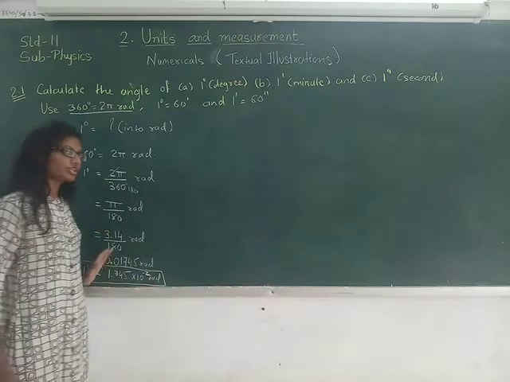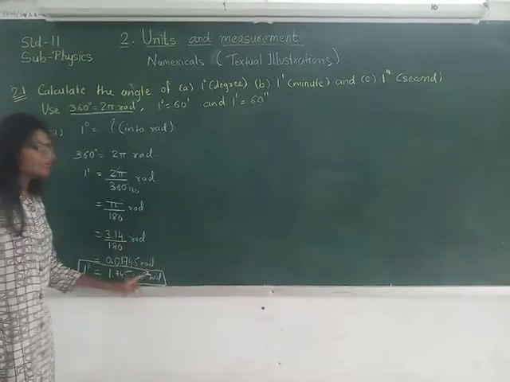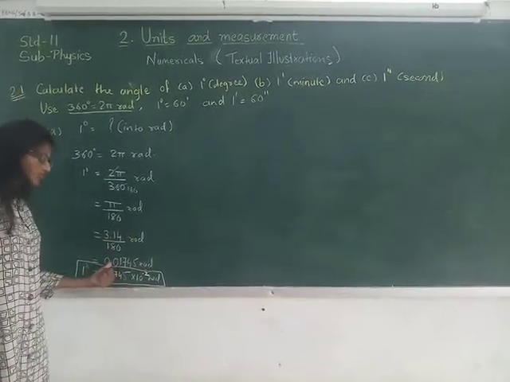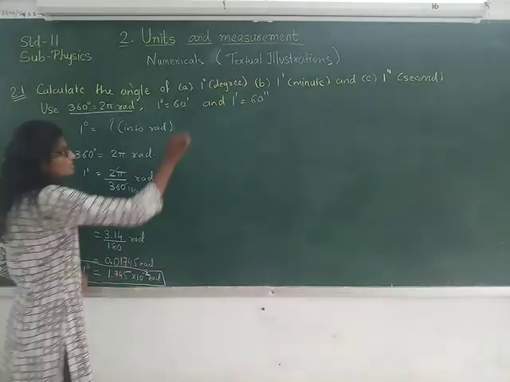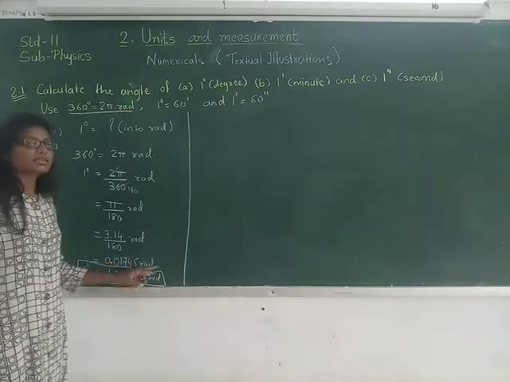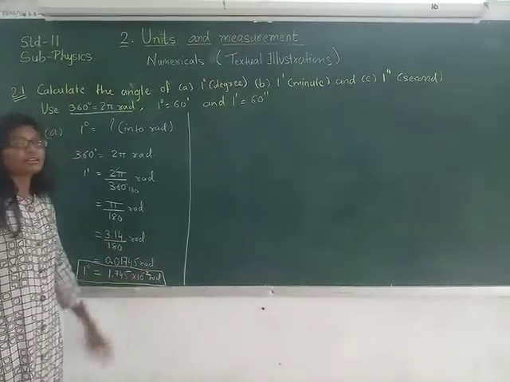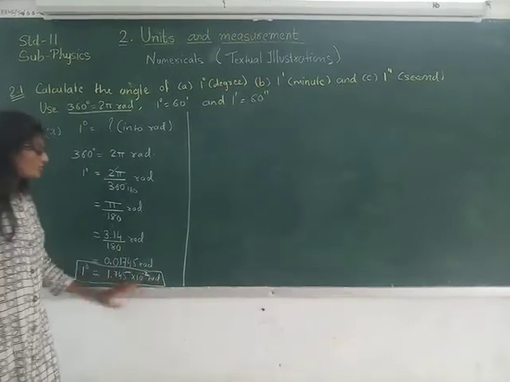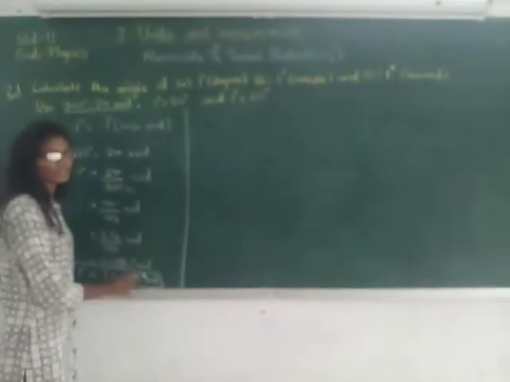Now remember, when we shift the point on the right hand side, the power will be minus. When you shift the point towards the left hand side, the power will be plus. Because most of the times you make mistakes for this power sign, so it is very important that you should write the power correctly.